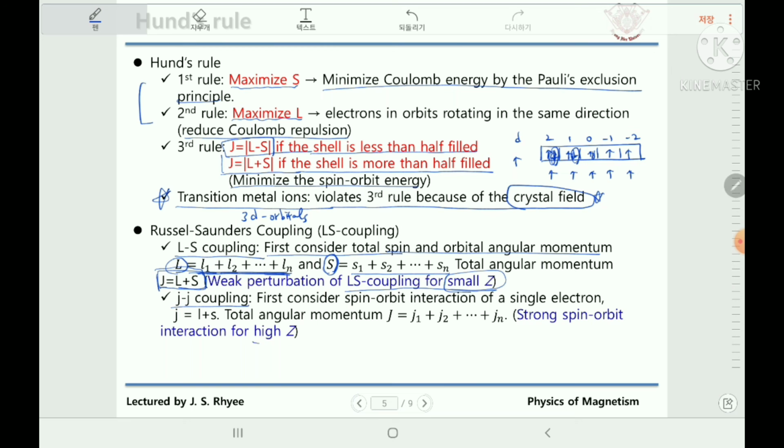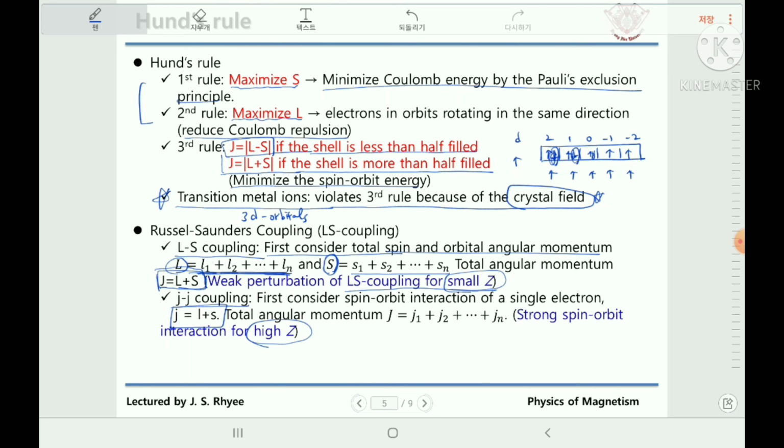In the high atomic number case, each orbital and spin prefer to couple first. Small s means each electron's orbital and spin, and total J is also considered.